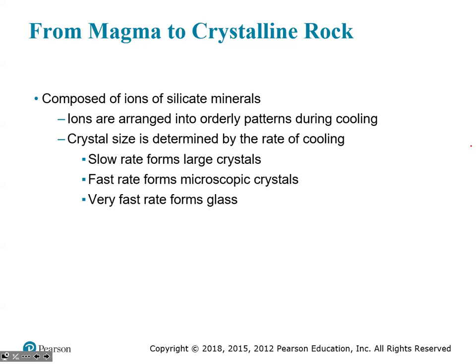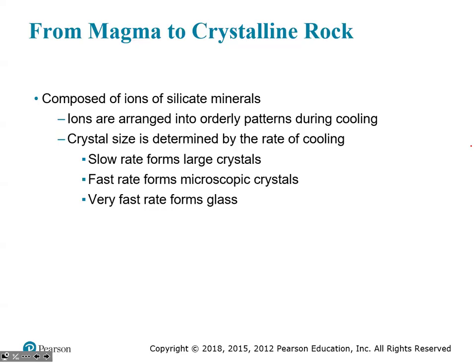If you cool very slowly, you get large crystals. So something like granite cooled underground quite slowly, it has large crystals. You can see them in the rock. That's why you see the blotches of different color in a granite countertop. Each of those is a separate crystal of a different mineral.